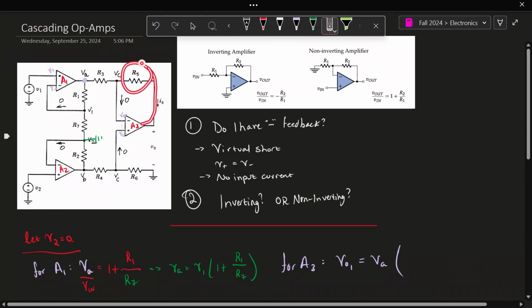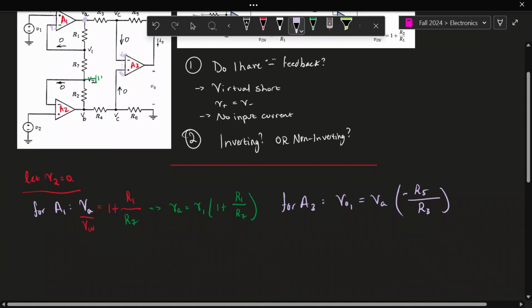Well, this is our feedback resistor, R5. So let's write negative R5 divided by R1. Where is this resistor? Let's follow this and go back, and it's right here, R3. I hope y'all could see how R3 in this case is R1 for this amplifier.